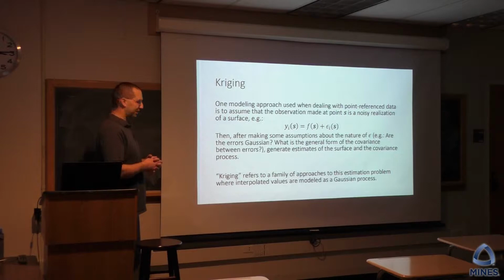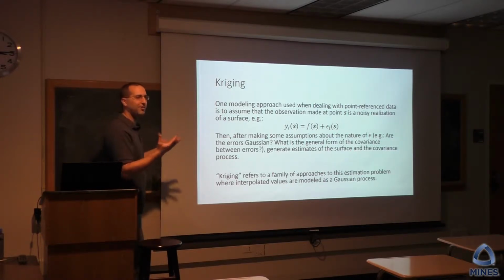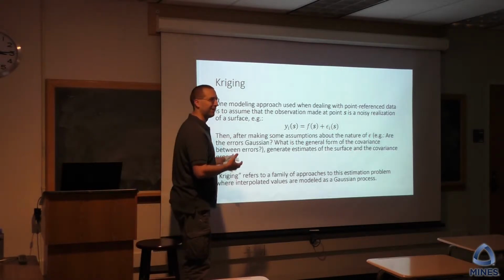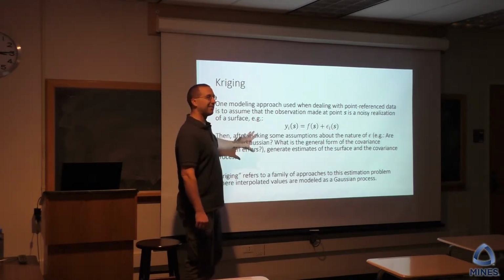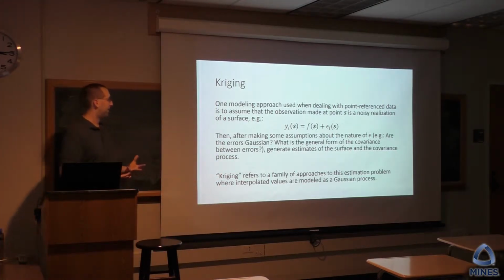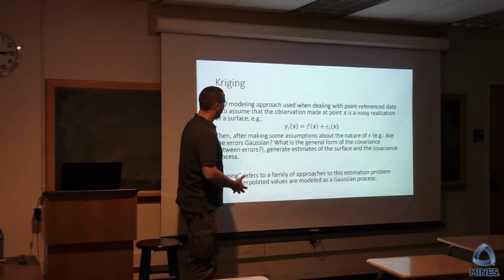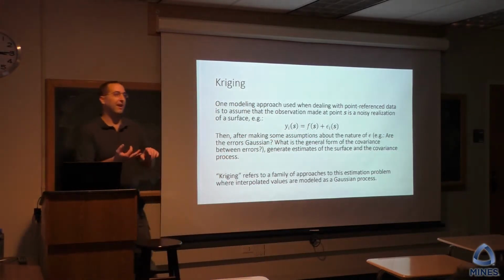So does covariance depend only on the distance, for example, or does it depend on the distance and direction, or is it sort of elliptical? There's all sorts of assumptions you can place on this covariance structure, not really important for the purpose of this talk, but basically kriging says, let's make a certain set of assumptions about this structure, and then fit what f of s should be from those observations and our assumptions.